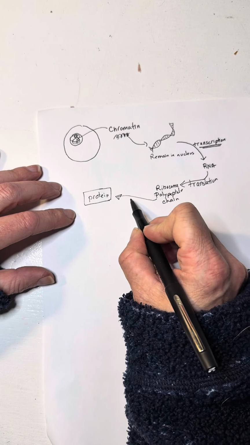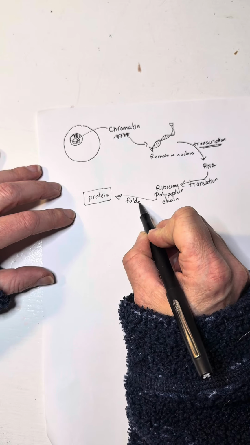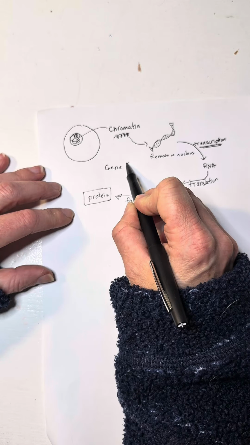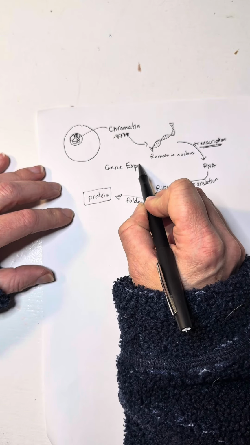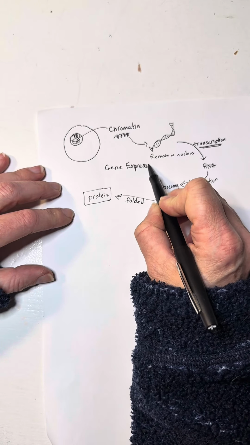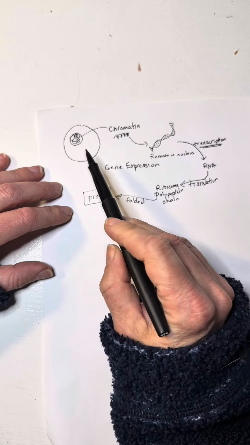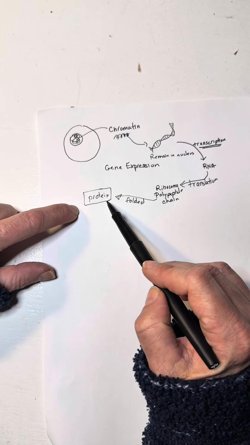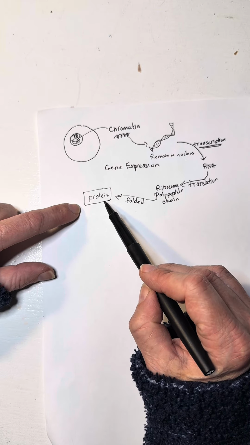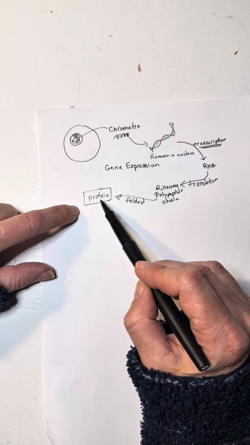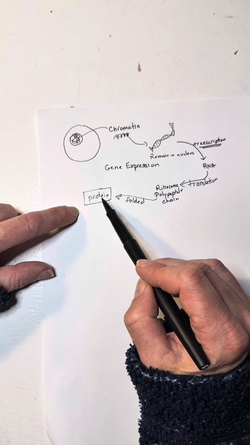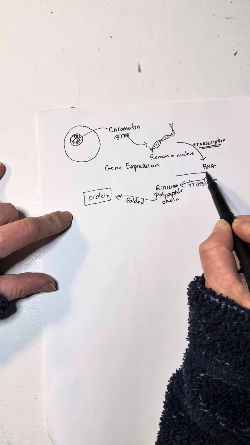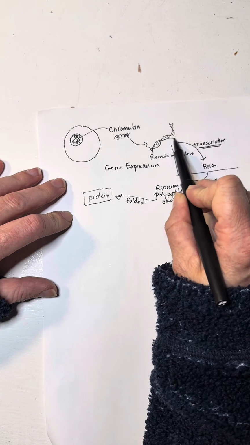This whole process is what we call gene expression. It's a simplified way of looking at how you get information from DNA stored in the nucleus out to the functional proteins that make up our bodies and the enzymes that make us function. So we need to talk about this part of the picture today.